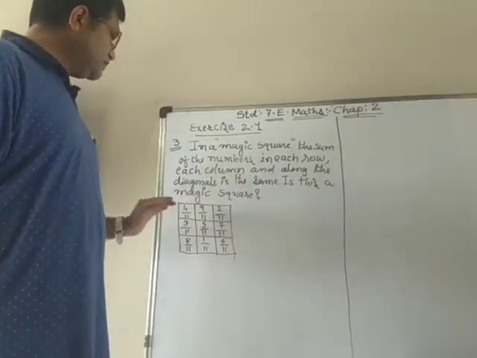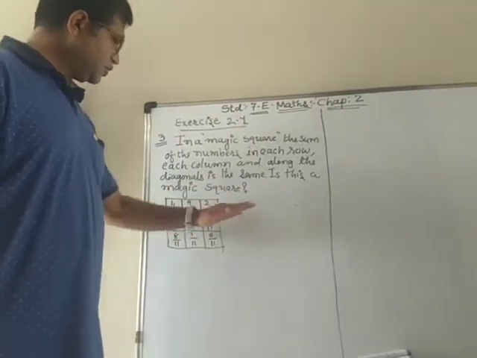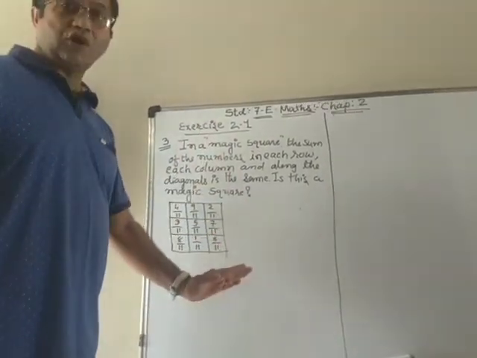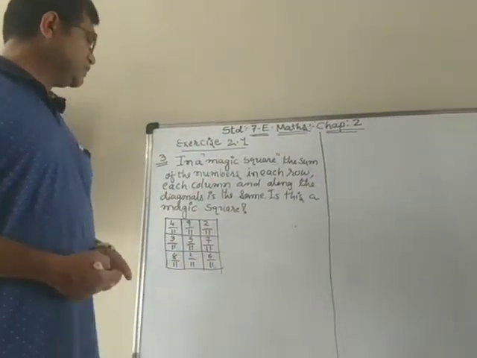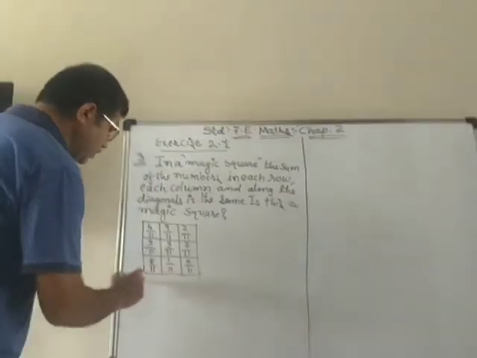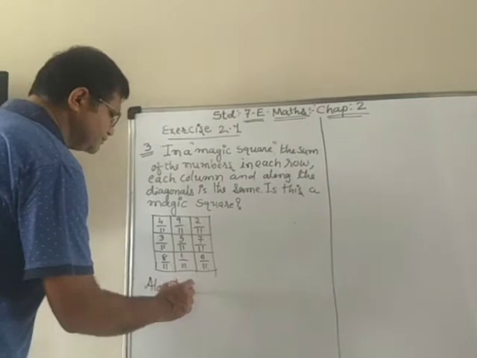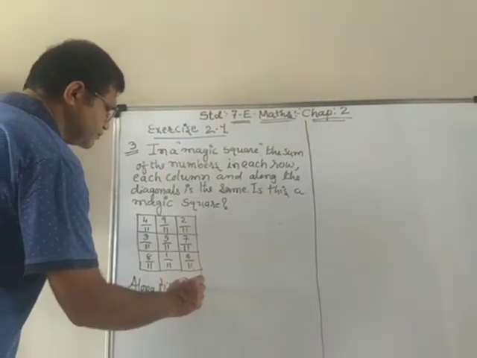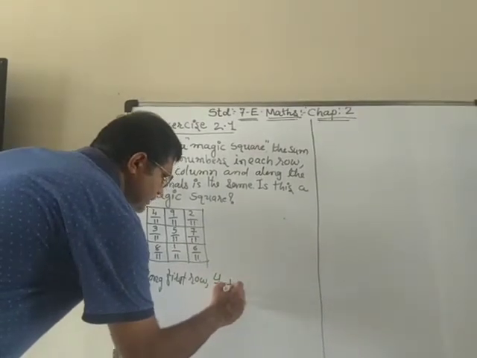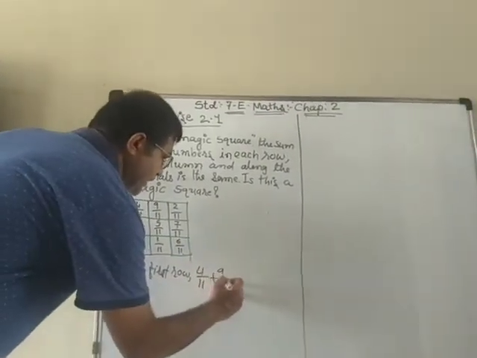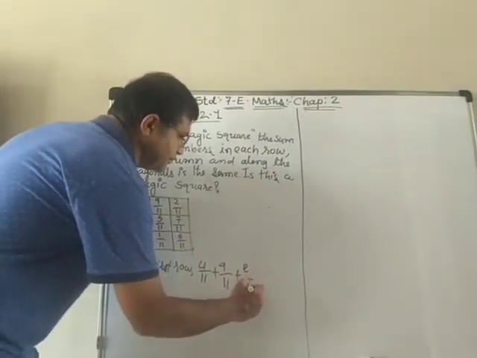For that we will check all the sums along the rows, then along the columns and along the 2 diagonals. First we will start with the rows. Along the first row, what is that? 4 upon 11 plus 9 upon 11 plus 2 upon 11.